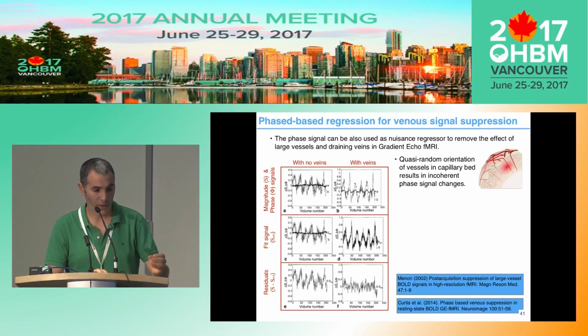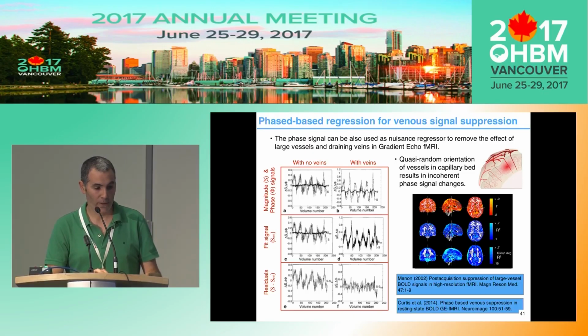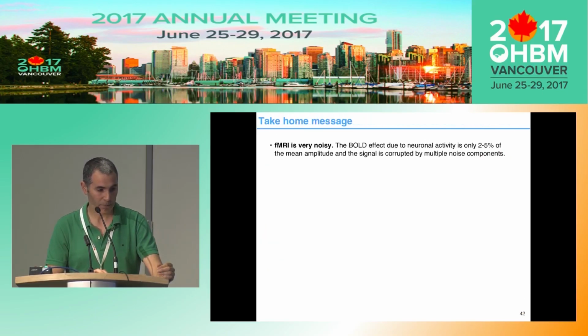And this can be seen only in those voxels where we have veins. And here you see a beautiful map of where the phase signal can explain a lot of variability of the magnitude signal across the brain.